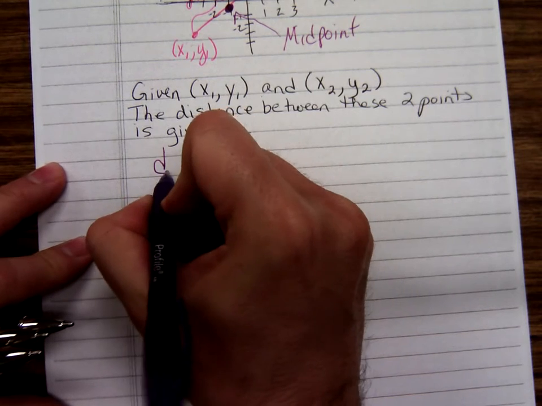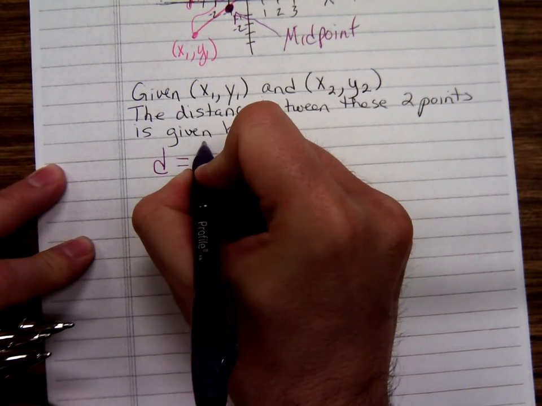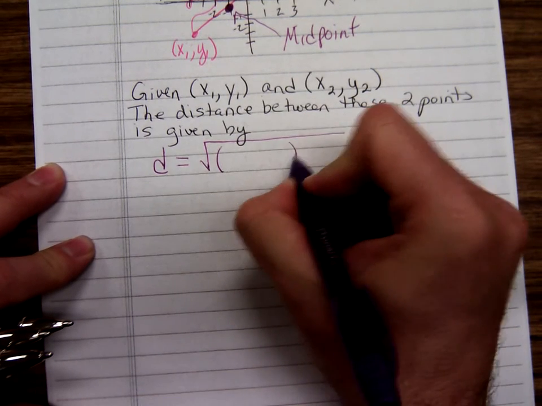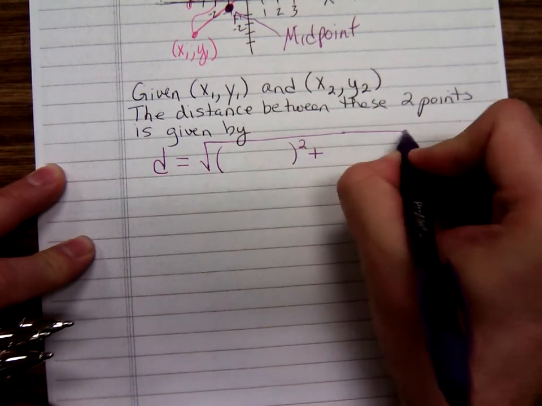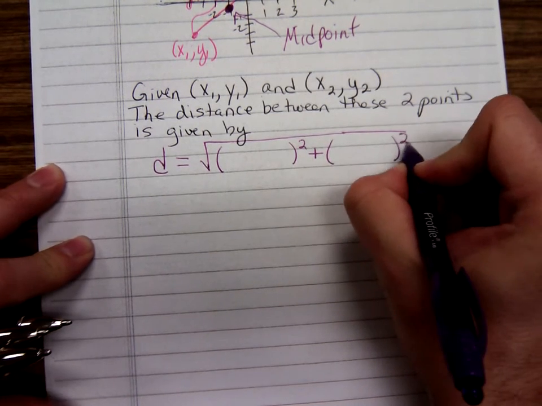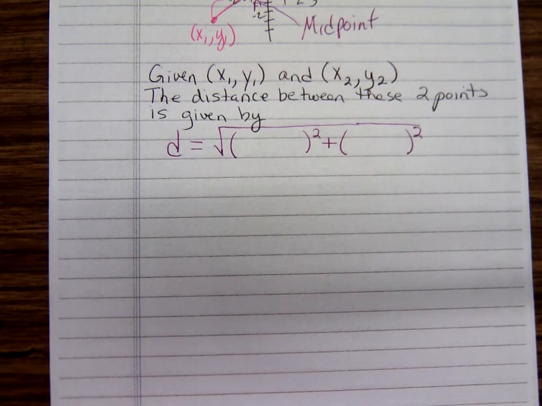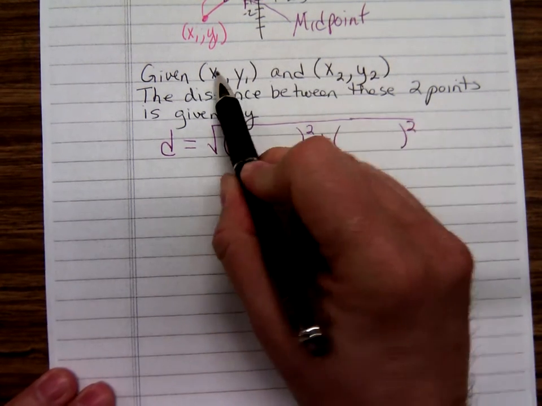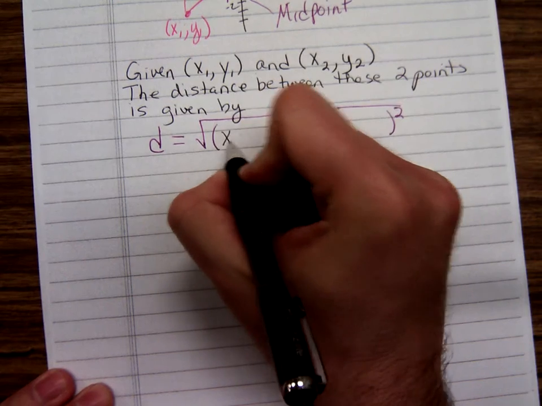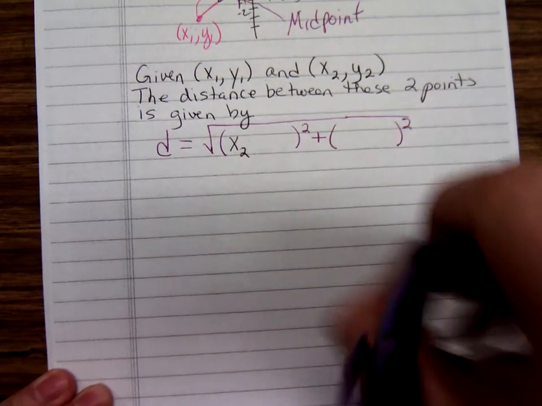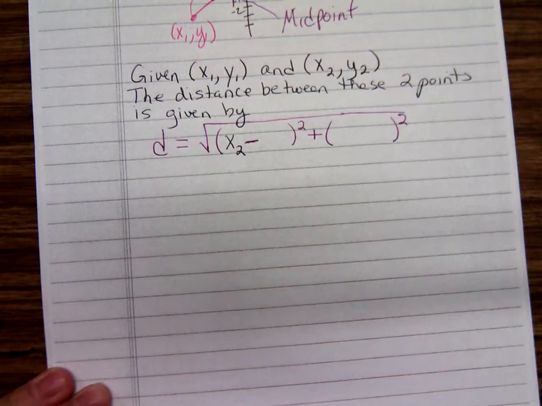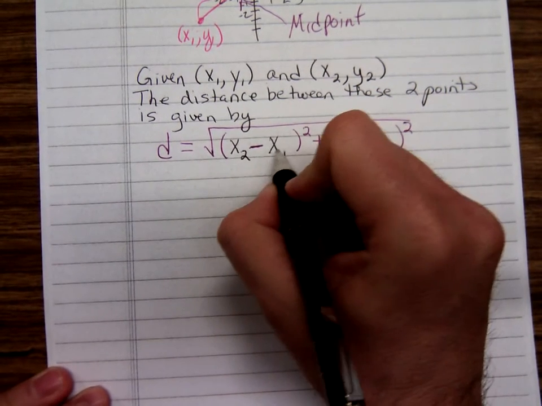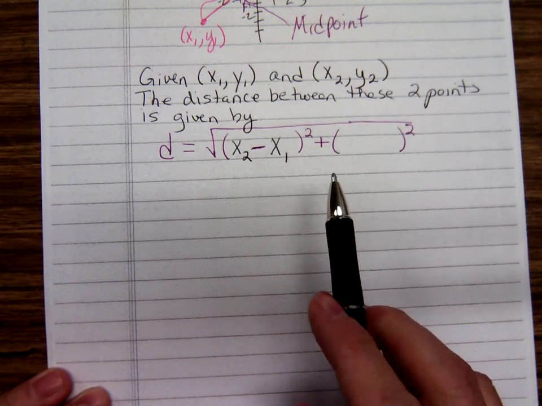D for distance equals, and there's going to be a big square root, second x minus first x, so x subscript 2 minus x subscript 1. So we subtract the x's, then you're going to square them.